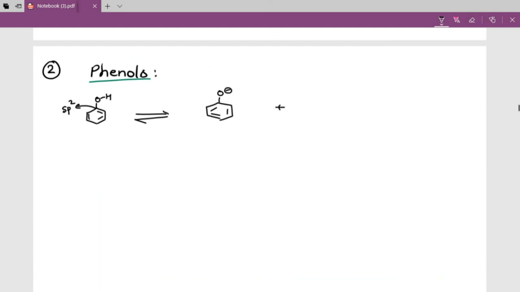When I form this anion, it is also resonance stabilized. If it is resonance stabilized, certainly this is going to be a stable conjugate base.